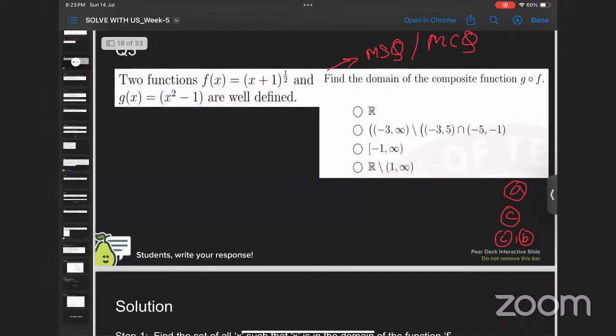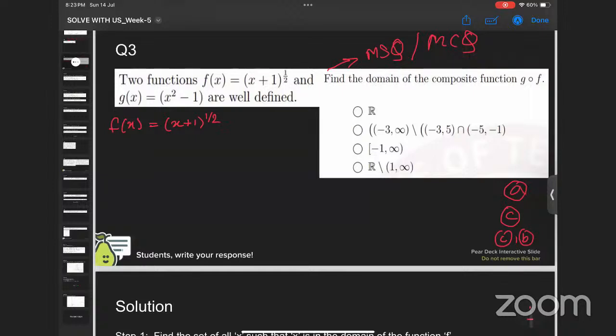So what is given here is that f of x equals (x plus 1) to the power half. Here they didn't mention anything about the domain of f, right? So we first have to calculate what the domain of f may be.